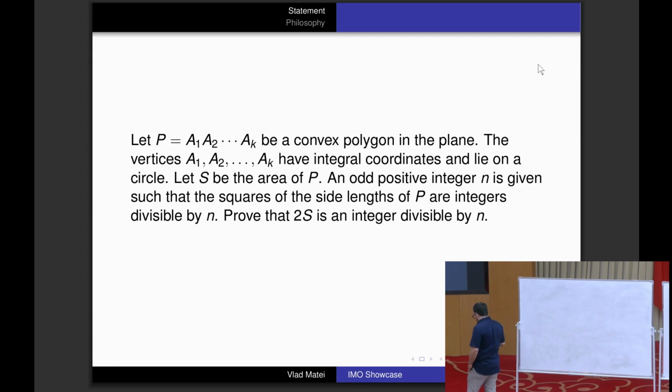So why did I specifically choose this problem? Because just from the statement, you have something about sides, and you have vertices on a circle, so you have a cyclic k-gon in this case. One question you can ask is whether there is any specific relation between the area and the side lengths of the polygon.